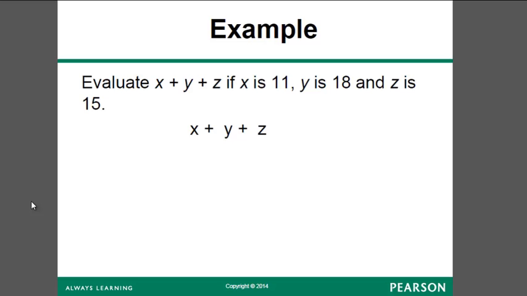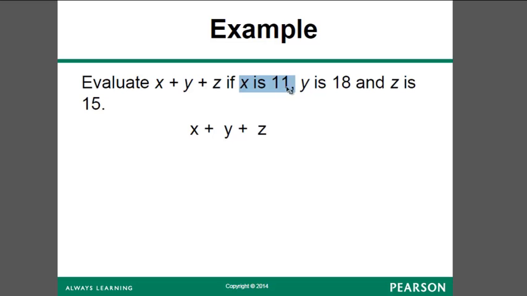We need to separate a little bit of information here first. First, we have the expression x plus y plus z, which I have rewritten down here for us to look at. Then we have some other information in the problem. It tells us that x is 11.